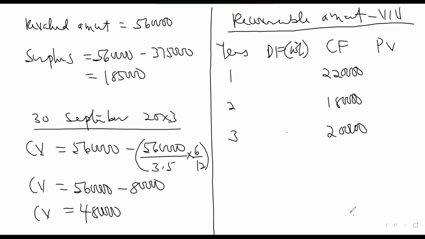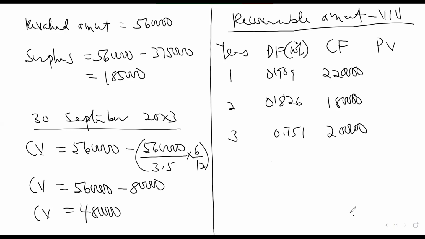So what is the discount factor? 10% for the first year is 0.909. Okay. The second year will give us what? 0.826. The third year will give us what? 0.751.